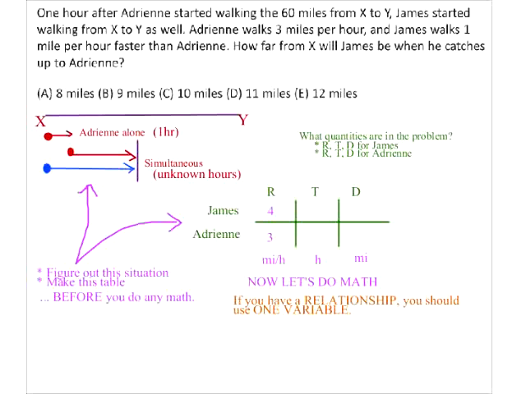Okay, back to what we have. So Adrian walks for an hour longer than James does. So that's a relationship. The relationship is Adrian takes 1 hour longer than James. So we should use that to make a variable, where you have your choice.